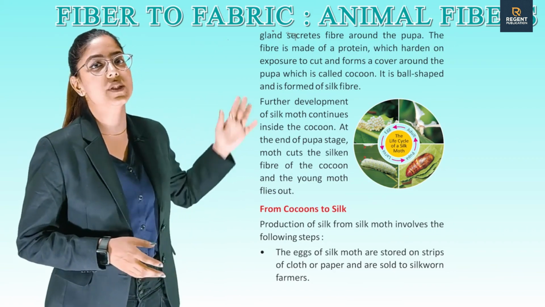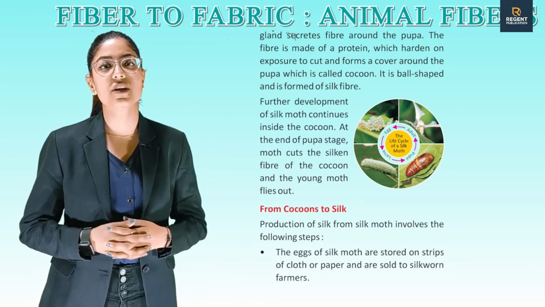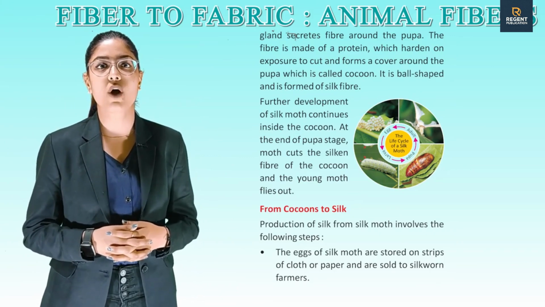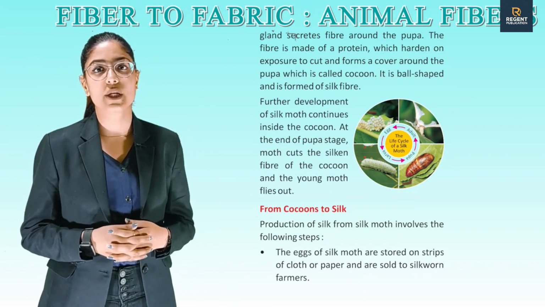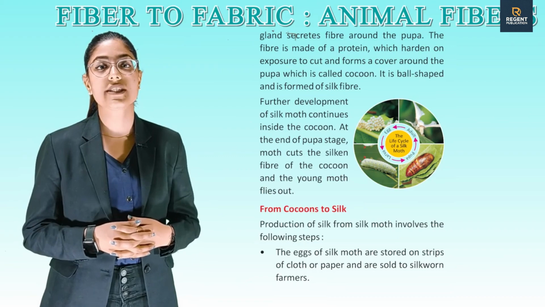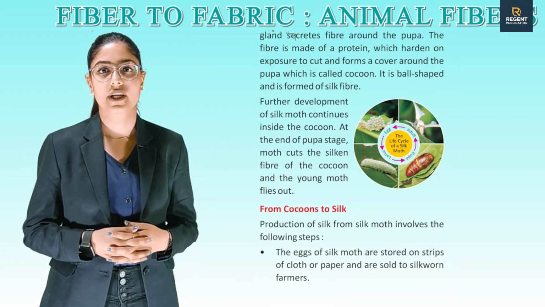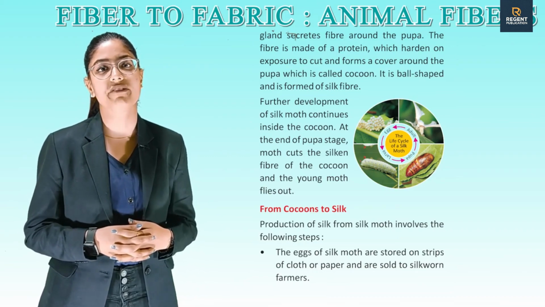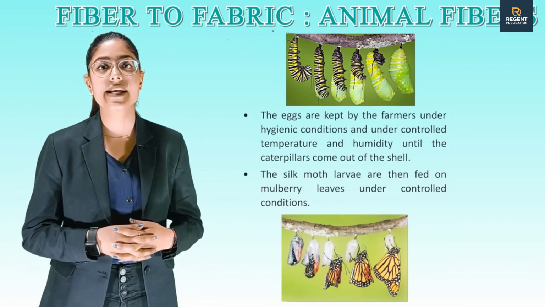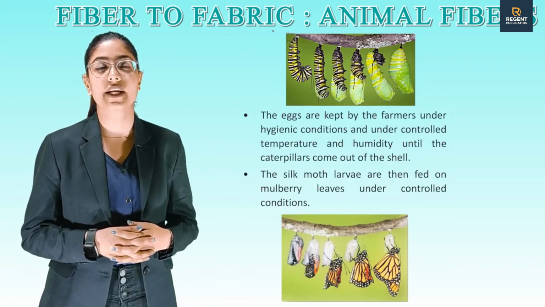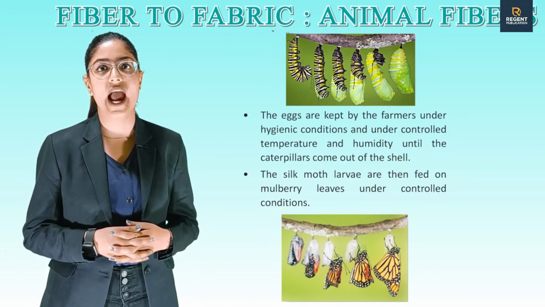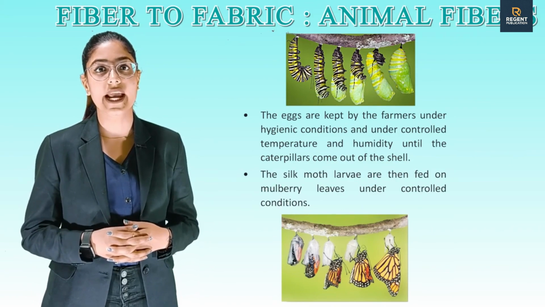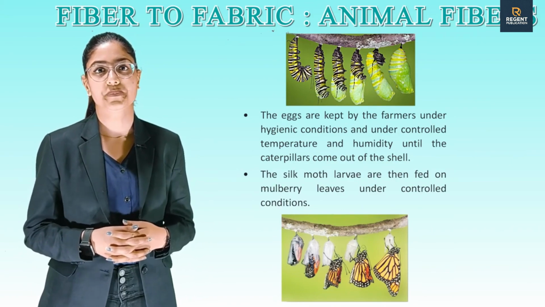From cocoon to silk. Production of silk from the silk moth involves the following steps. First, the eggs of the silk moth are stored on strips of cloth or paper and are sold to silkworm farmers. Second, the eggs are kept by the farmers under hygienic conditions and under controlled temperature and humidity until the caterpillar comes out of the shell.